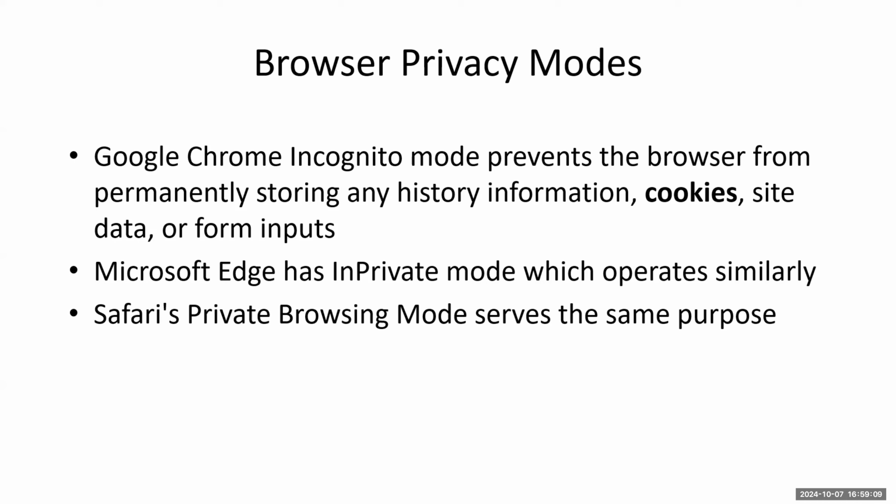Typically, when you use a browser, as you go to a web page, it stores that web page on the file system that you have, and then when you go to it again, it says, do I need to get this? I already have this stored in my file system. I can just copy it from there. It will delete all that information if you're using any one of these private browsing modes.